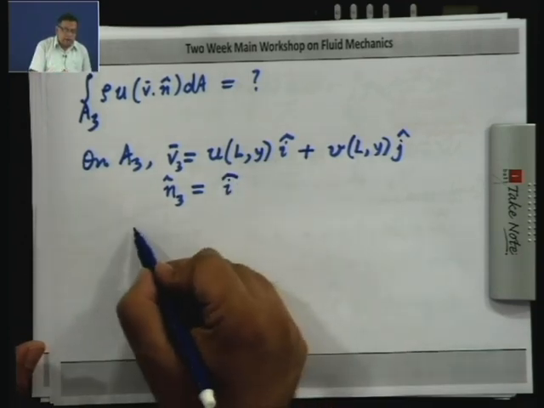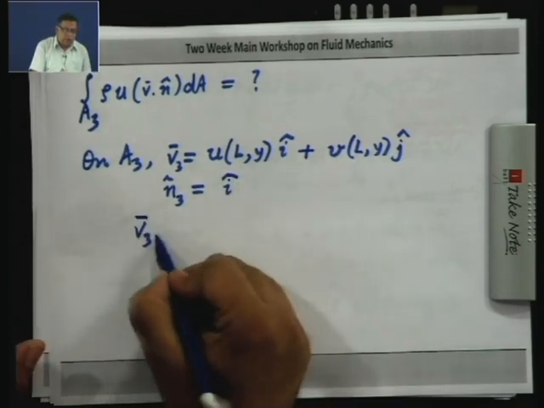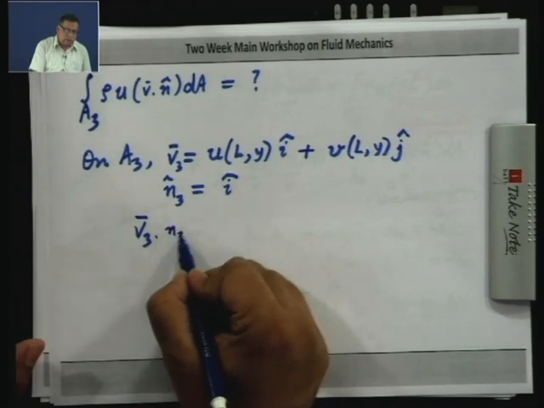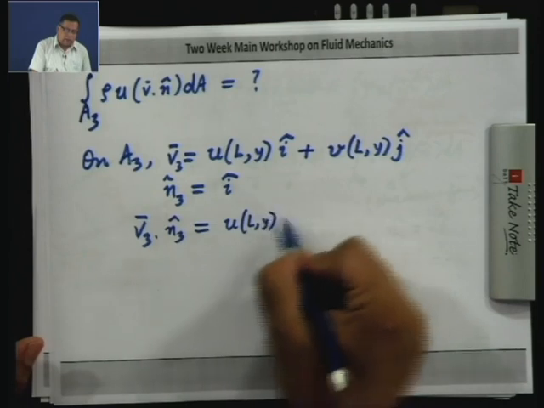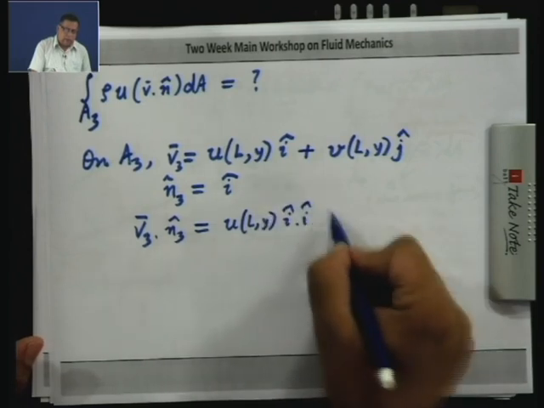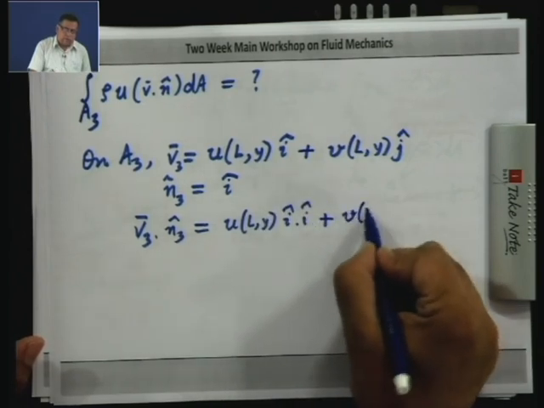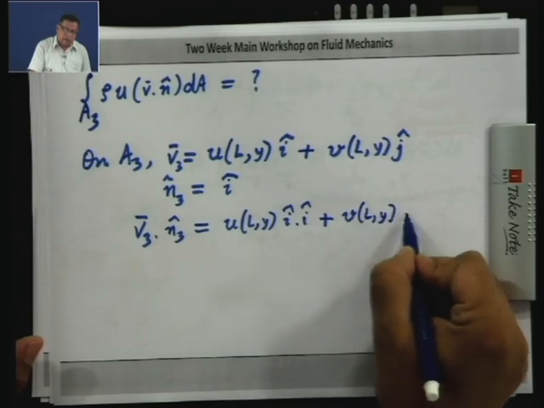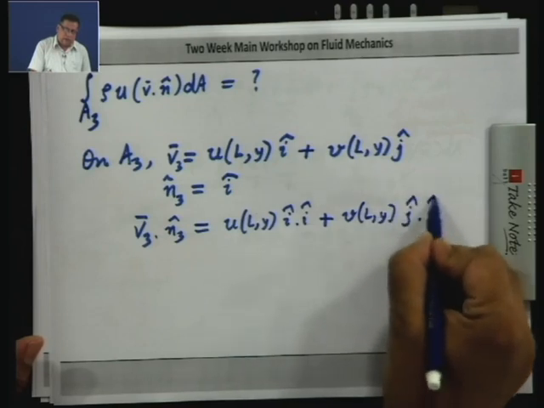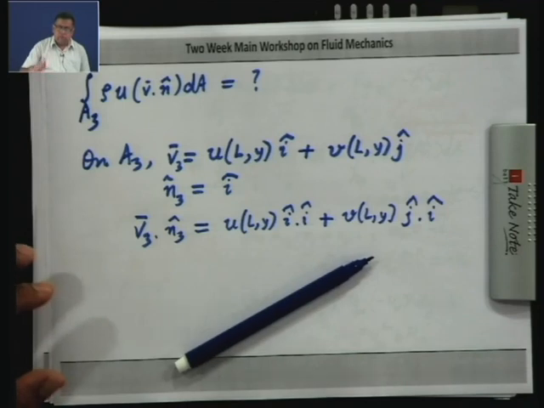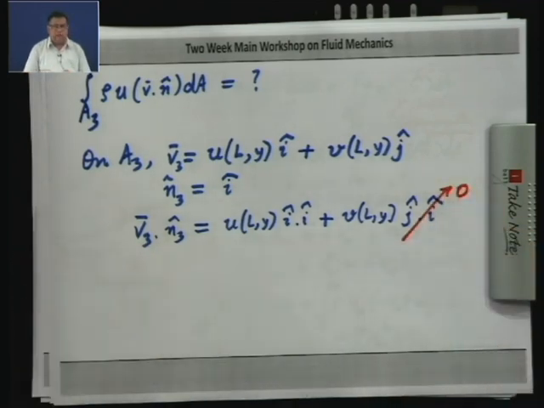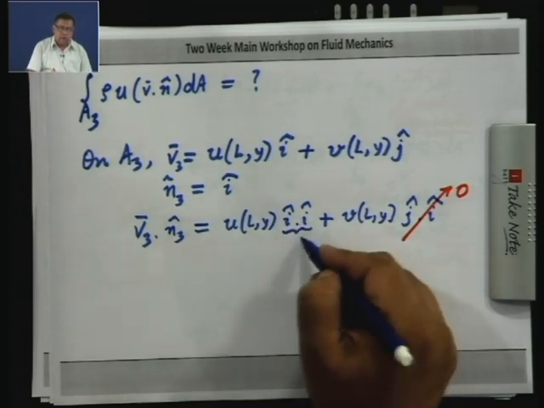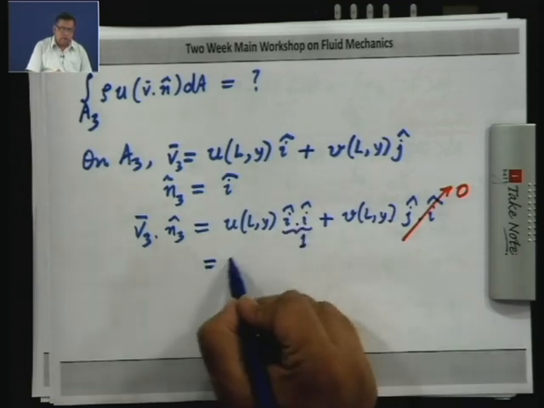So, if you look at V3 dot n3, you are going to have u of L, y i dot i plus v of L, y j dot i. Now, this term is going to be 0, because the angle between i and j is 90 degrees, and this quantity is going to be 1.